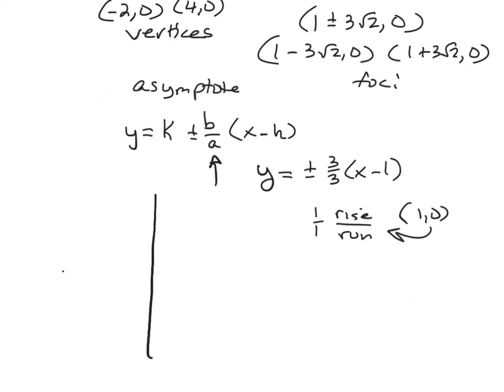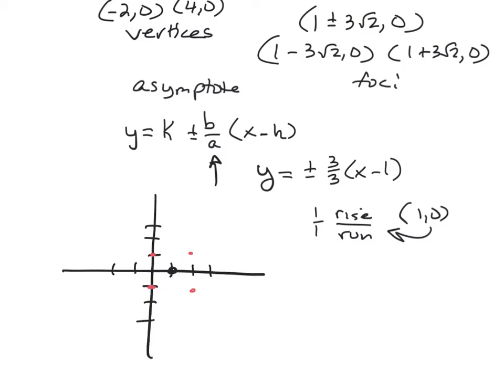Make my x and y axis. I'm going to graph the center point. It's right here. I'm now going to graph the asymptotes. I'm going to rise 1, run 1 in all directions. So up 1 over 1, down 1, here, here.